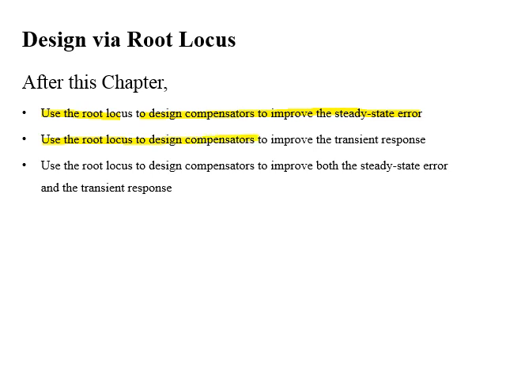Also, you will be able to design a controller to improve the transient response of a system. Also, you will study to design a controller which will improve both transient and steady state error with the help of root locus.